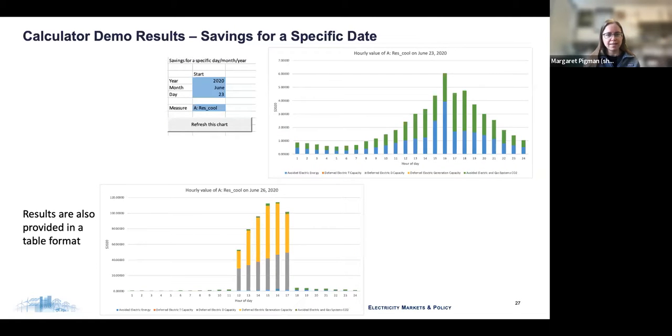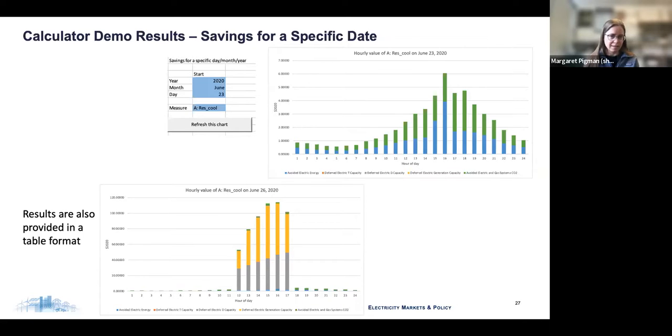If you're interested in the savings for a particular day, there's an output that lets you choose a day and a measure, and it will show you the value of that measure for each hour on that day. So in this example, I'm looking at the residential cooling measure on 2 days in June. On the top right, it's a typical day in June, and on the bottom left is one of the peak days in June.